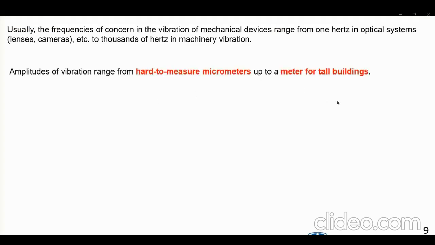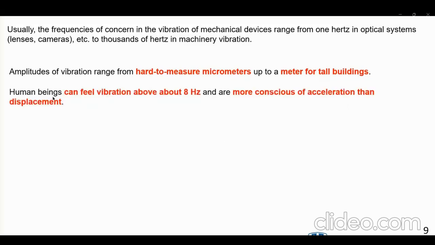For example, for structures, for atomic vibration, etc. For atomic level or very small micrometer-type displacement amplitude measurements, these are harder to do. And for tall buildings, of course, we can see it easily. Now, human perception is between 1 and 8 hertz. So we can perceive vibrations between 1 and 8, and we are more concerned as human beings.